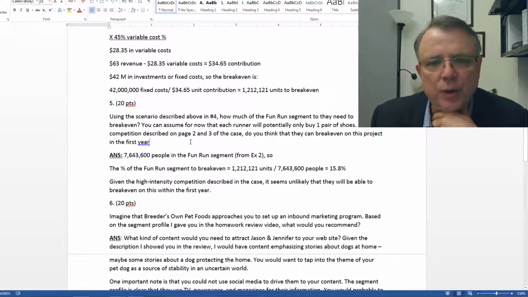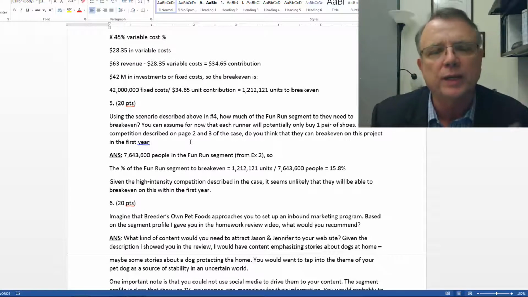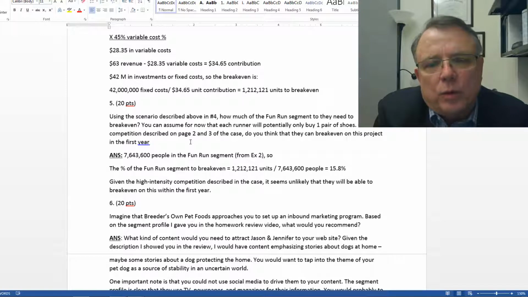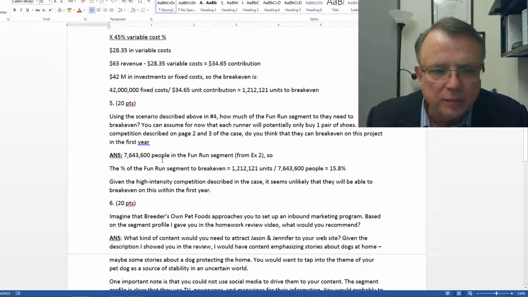Using the scenario described, how much of this fun run segment do they need to get to break even? Now, I'm not asking you to redo a break even. The 1.2 million units to break even, how much of that is of the fun run segment? Well, Exhibit 2 says that the fun run segment is 7.6 million people.